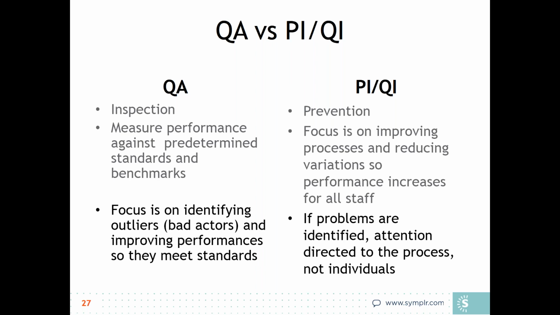And with QA, the focus is on identifying outliers or maybe bad actors, the problem practitioner, and improving that person's performance so that they meet the standards. With PI and QI, if problems are identified, attention is directed toward a process and not individuals.